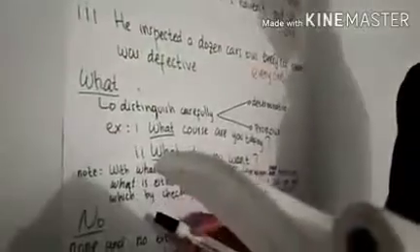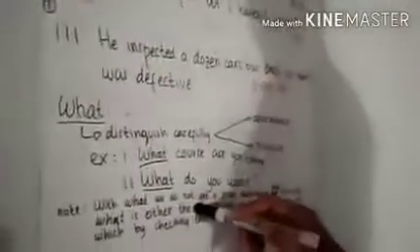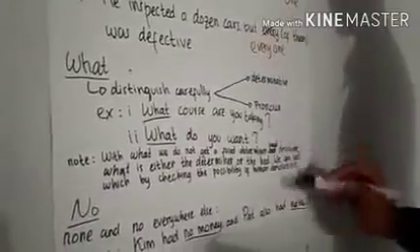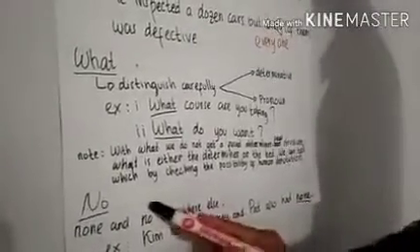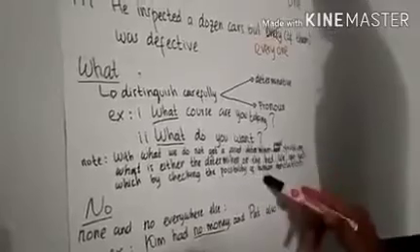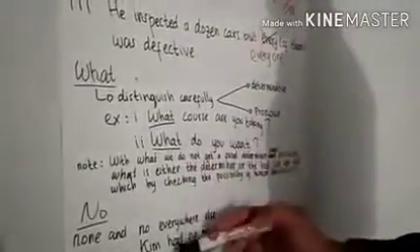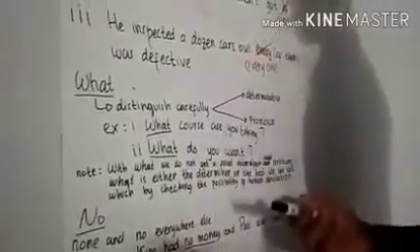Then notes for additional information. With what, we do not get a fused determiner-head structure. What is either the determiner or the head. We can tell which by checking the possibility of human denotation.